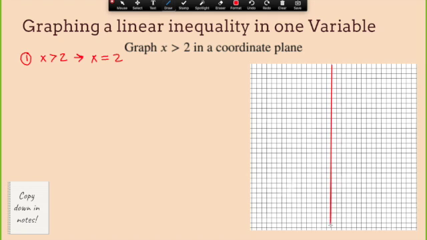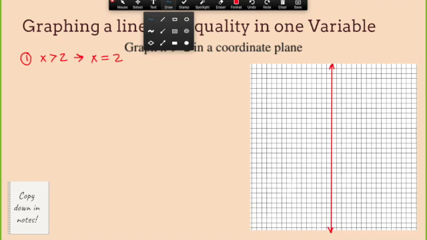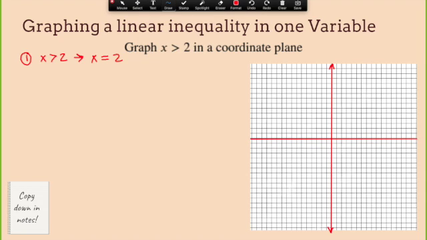Again, I do know how to graph the equation x equals 2. Whenever we're given x equaling a number, I know that that's always going to be drawn as a vertical line. So here I have 1, 2, 3, and 4.